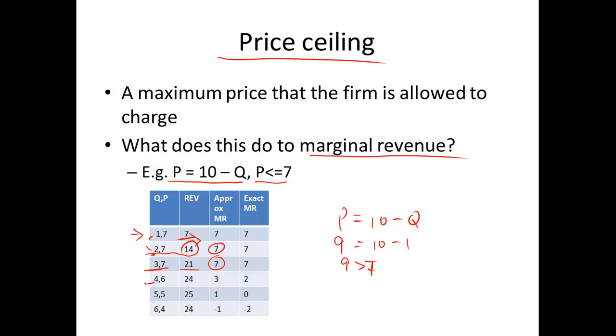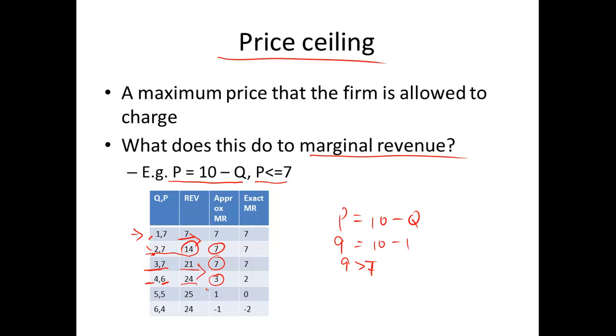At a quantity of 4, we're following the demand curve down. The price that clears the market with a quantity of 4 is 6. That's below the price ceiling, so nothing prevents us from going to 6. Now revenue is 4 times 6, or 24, and the marginal revenue of going from the third to the fourth unit is 24 minus 21, or 3.